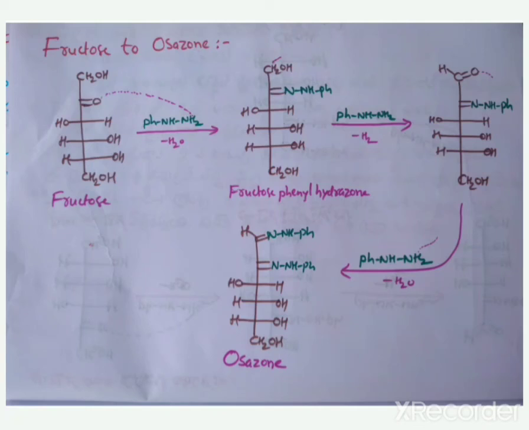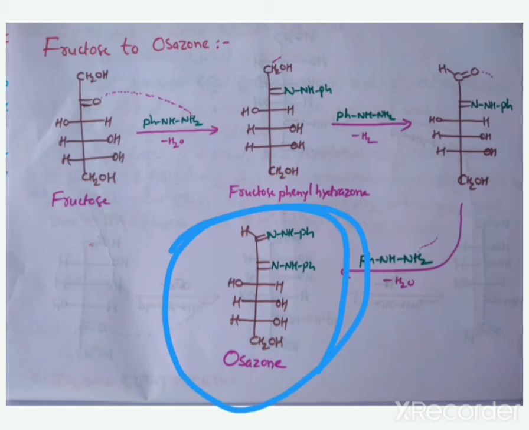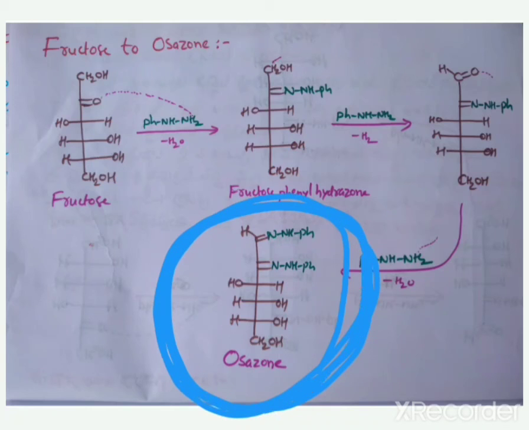So this CH2OH group will convert into a C double bond O group by using phenylhydrazine. This C double bond O group further reacts with third mole of phenylhydrazine to form osazone. So it is coming from fructose, that's why it is also known as fructosazone.